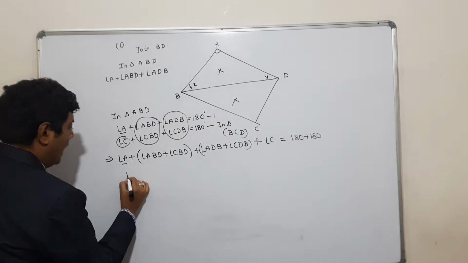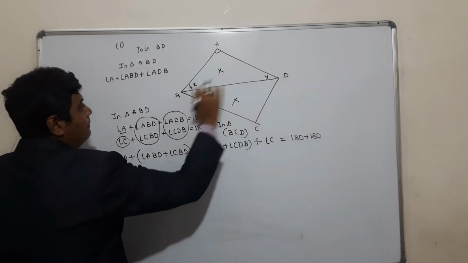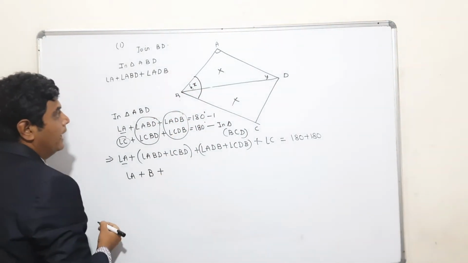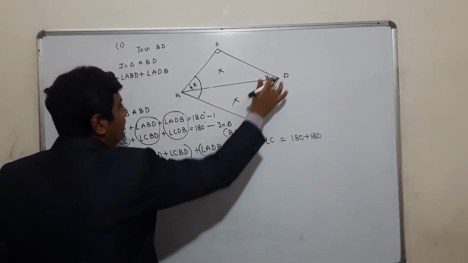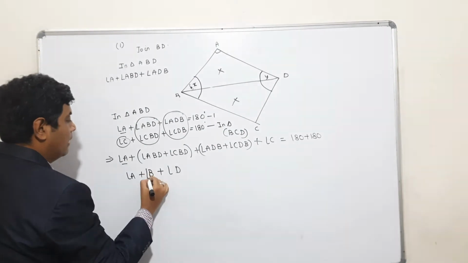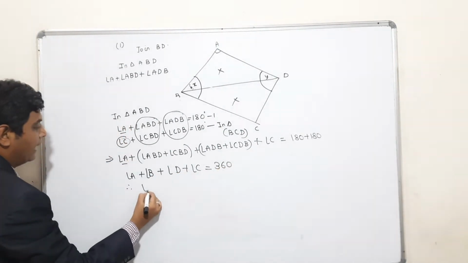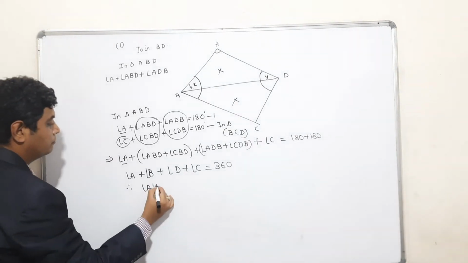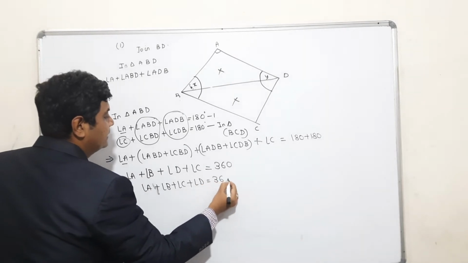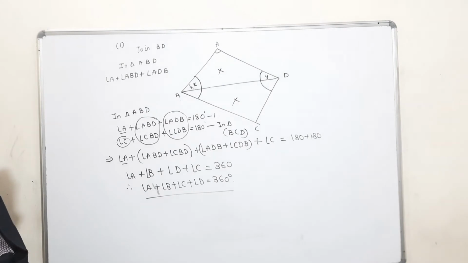So it becomes angle A plus, now what is ABD plus angle CBD? It is this whole angle, and this whole angle is nothing but B, plus ADB plus angle CDB. It is this whole angle. This whole angle is nothing but angle D, and plus angle C is equal to 360 degree. Therefore, angle A plus angle B plus angle C plus angle D is equal to 360 degree. Sum of all angles of a quadrilateral is 360 degree.